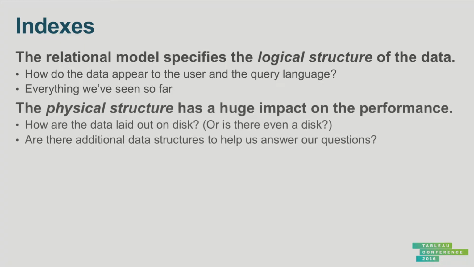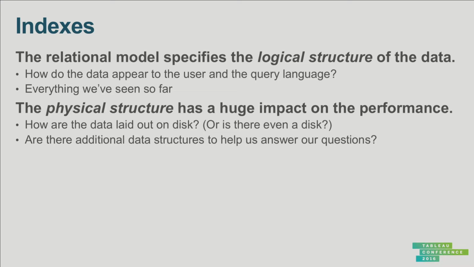And there's another layer to this, which is the physical structure, or the physical model, which lays out how are these things actually represented on disk? Because these are all stored on disk. They're all squeezed into pages on a disk and written out somewhere. Now, that physical structure has an amazing amount to do with the performance of queries. And the beauty of the relational model, or one of the big advances in the relational model, is that they tease these things largely apart.